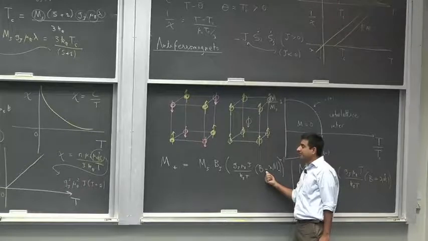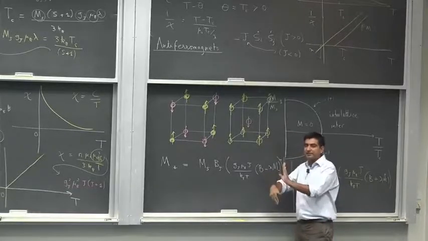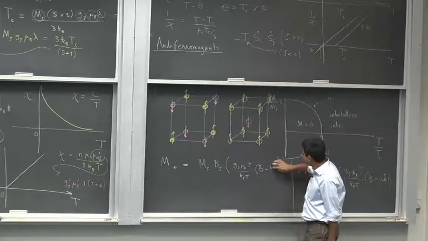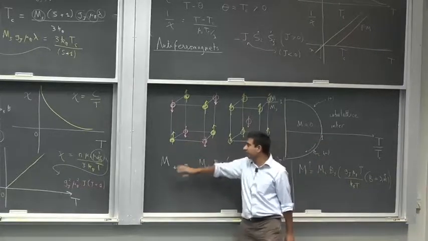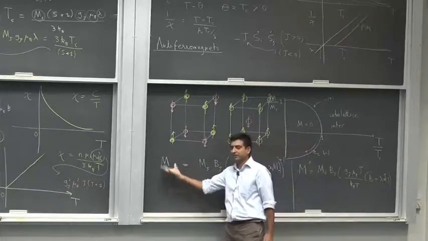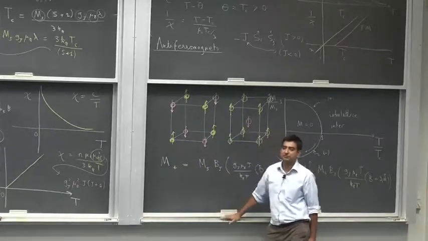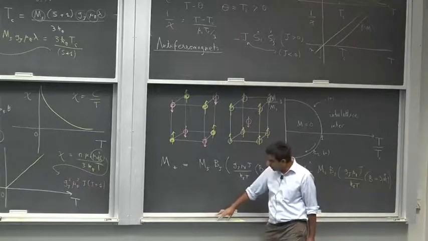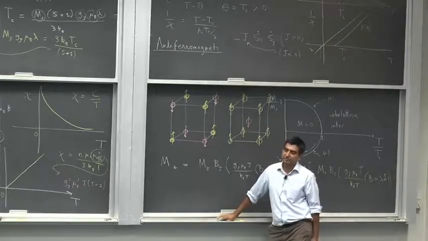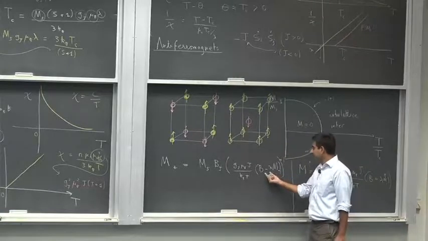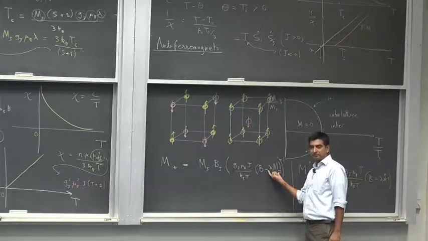This minus sign makes sure that the two magnetizations are in opposite directions. M minus is negative, this thing is positive. If this goes more negative, this becomes more positive and the magnetization of the plus domain goes up. There is an interaction, an antiferromagnetic interaction. So the antiferromagnetic interaction is tuned into the system through this term.